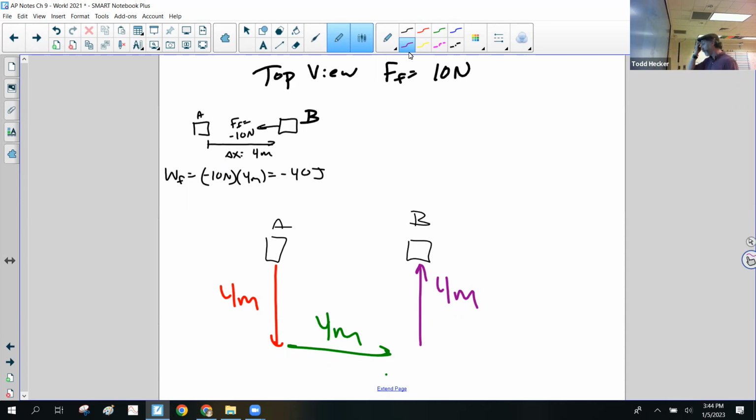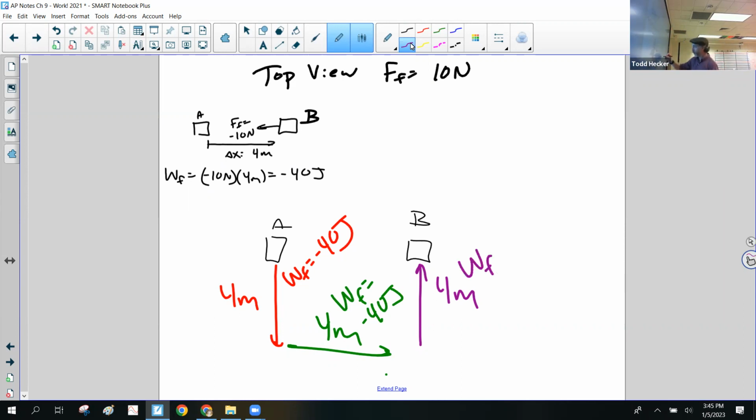But the difference is that in each of these 3 legs, the work done by friction is going to be negative 40 joules, right? Because if I'm going down, then my friction's up. So for this red chunk, the work of friction is going to be negative 40 joules. Then for the green chunk, we're moving right, friction is going to be to the left. The work of friction for the green chunk is going to be negative 40 joules. And then for the purple chunk, when I'm going up, friction is going to be down.